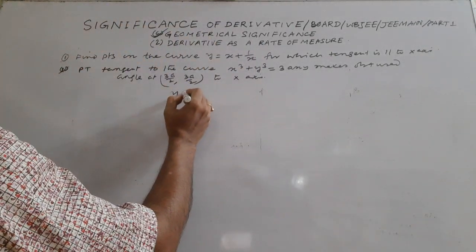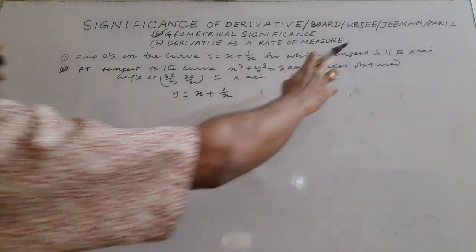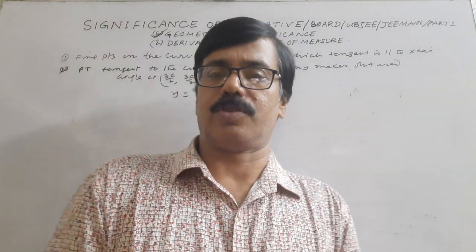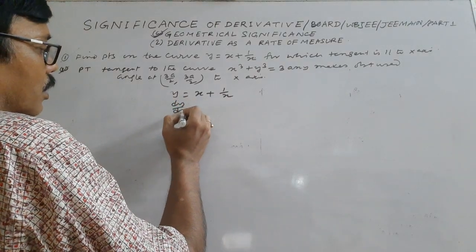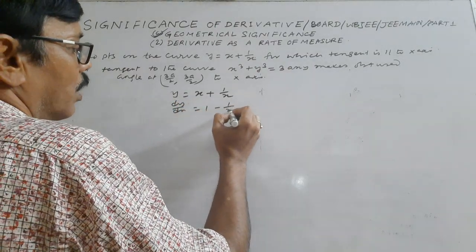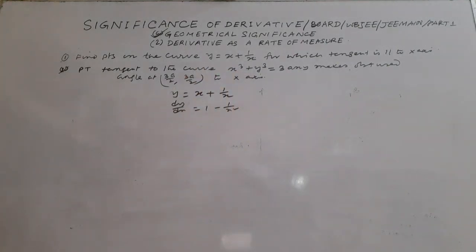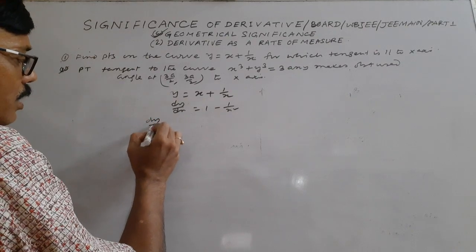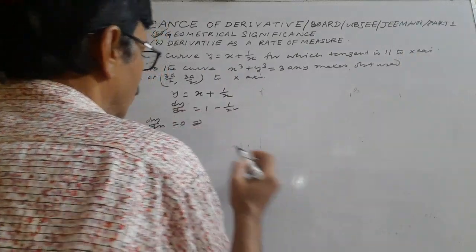So the curve is y equals x plus 1 by x. Tangent parallel to the x-axis means dy by dx equals 0. Now what is dy by dx? It is 1 minus 1 by x square, from the derivative of x and the derivative of 1 by x. Why dy by dx equals 0? Because the tangent is parallel to the x-axis.